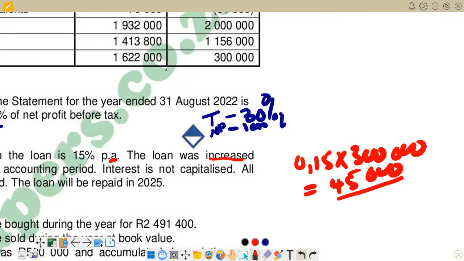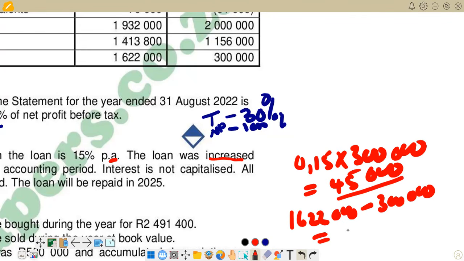Then we have got a loan balance which was introduced halfway through the year. So to find it now, we say 1,622,000, the balance we had at the end of the year, minus the balance that we had at the beginning. Then we find the one that was introduced during the year.